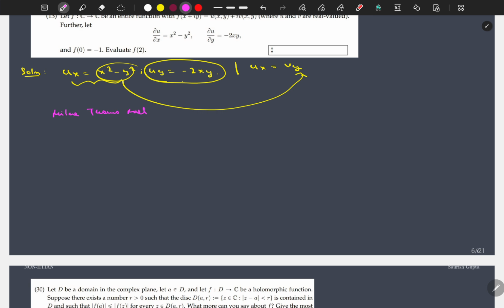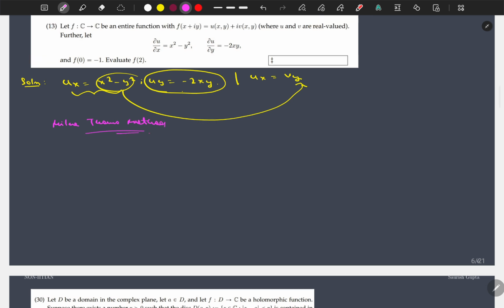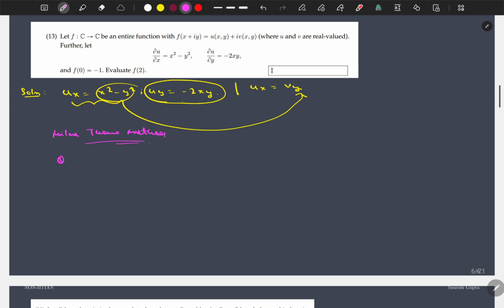Under the Milne-Thomson method, what we do is that we let phi 1 of (x, y) be the partial derivative of u with respect to x, which here is x square minus y square, and we take phi 2 of (x, y) as the partial derivative of u with respect to y, which is this.